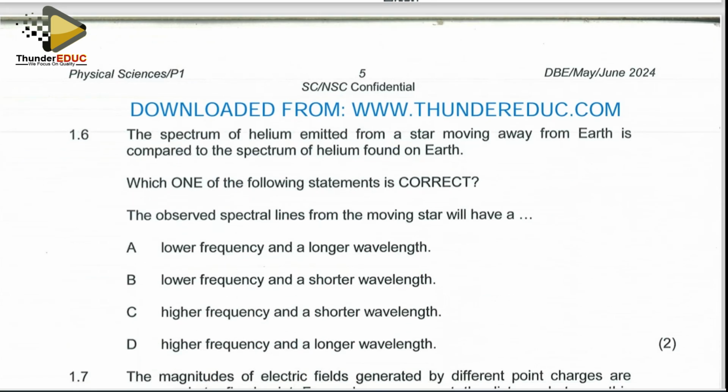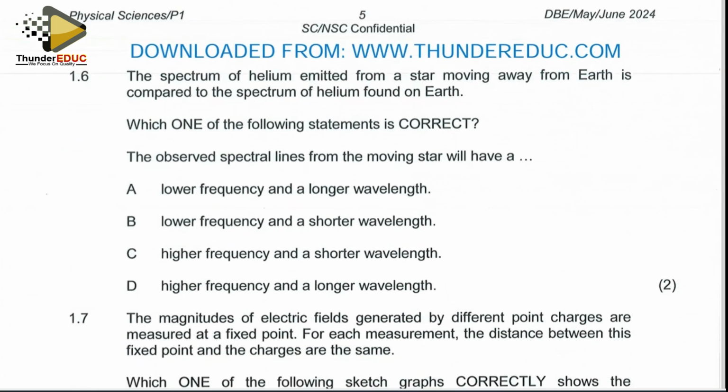And then 1.6, they're telling us a spectrum of helium emitted from a star moving away from the Earth is compared to the spectrum of helium that is found on Earth. Which of the following statements is correct? The observed line spectrum from the moving star will have, and so on. So the star is moving away. So for as long as it is moving away, what we need to remember is that the wavelength is increasing, okay?